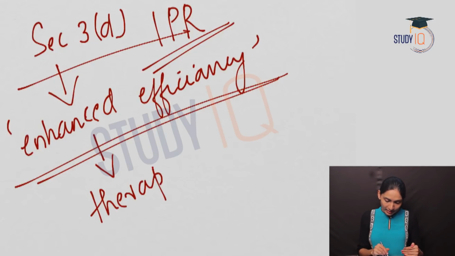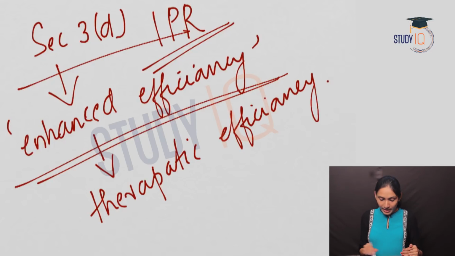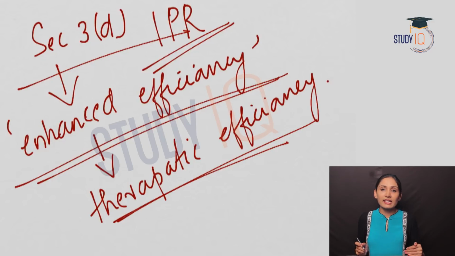So this has to be remembered. The major advantage of inserting the section 3D of the IPR is that it has prevented the evergreening of patents, which was a major problem in developing countries like India. You must also remember that India was the first country to insert a section 3D into the IPR.